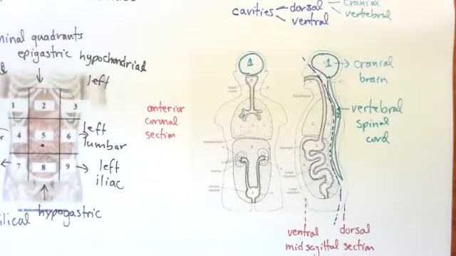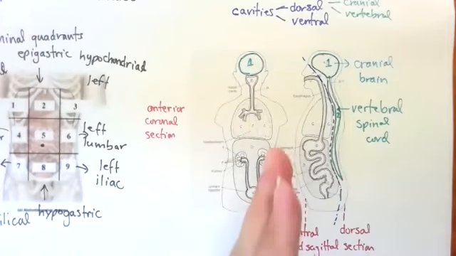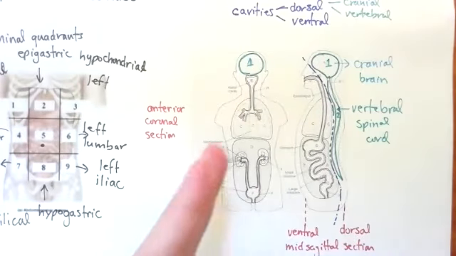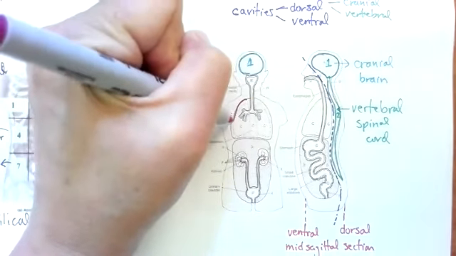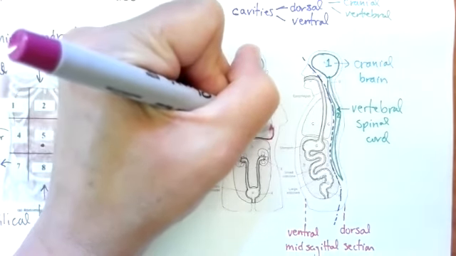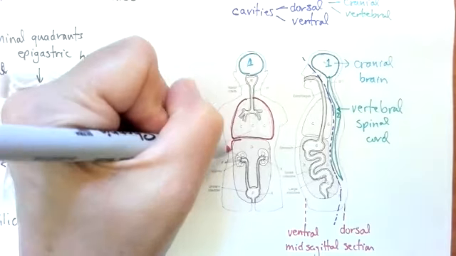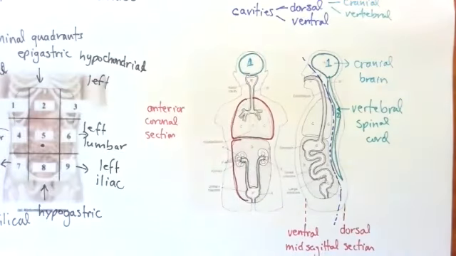The other cavities we're going to look at then are ventral. They lie in front of this plane. So we divide the ventral into two more subdivisions. And I'm going to go with hot pink. And whoops, shoot, I forgot to change colors.